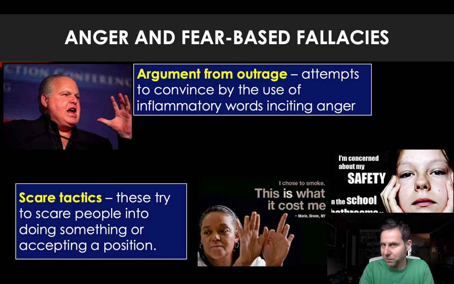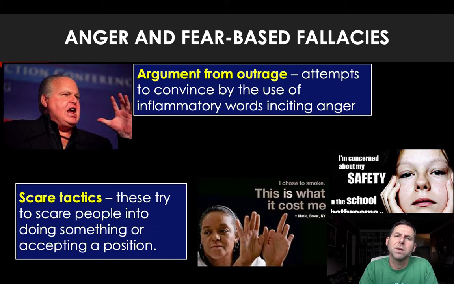I don't know if you know this, but you can lose fingers, toes, legs, arms from smoking, because your circulation stops working properly. The whole idea with ads like this, or any of the ads against smoking that focus on the harm it does to people, is to scare you into not smoking.